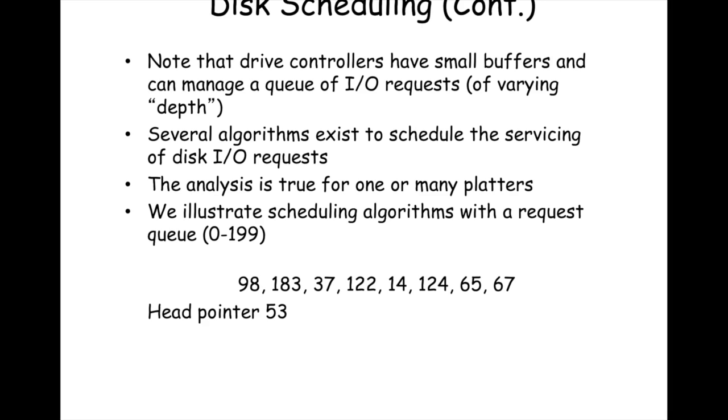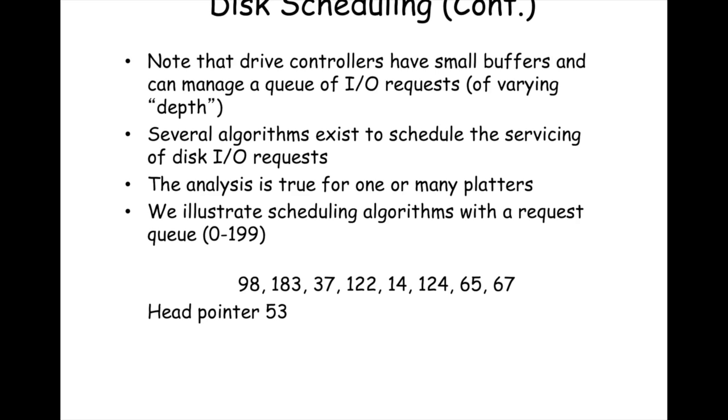We're going to look at scheduling algorithms where you have a request queue, and this request queue concerns cylinders numbered from 0 to 199. Here we have a string, and that string is the request for cylinders. We count the number of cylinders over which the read-write head traverses when it's going to satisfy a read or write operation for some track in that cylinder.